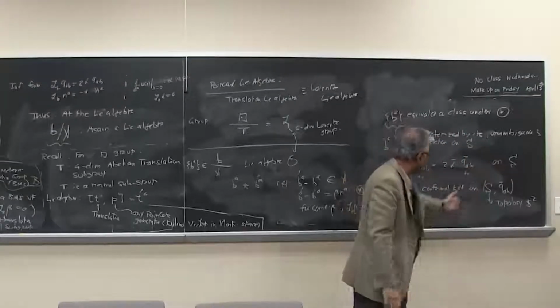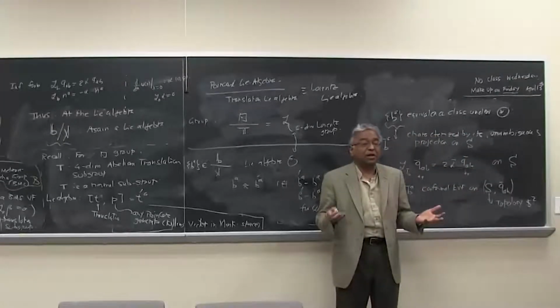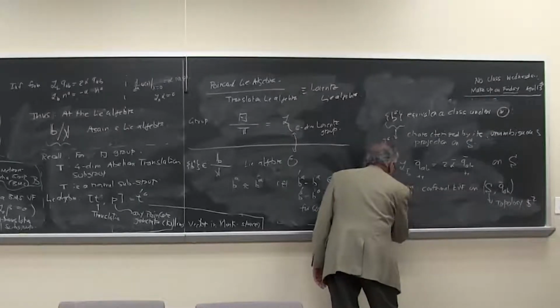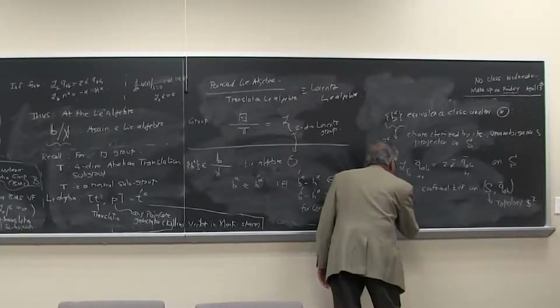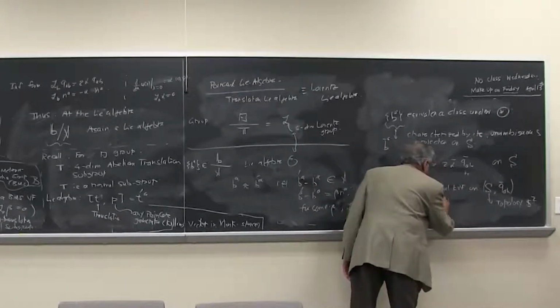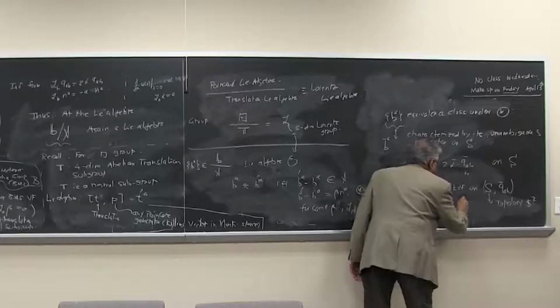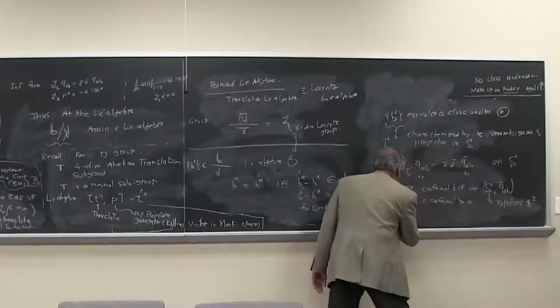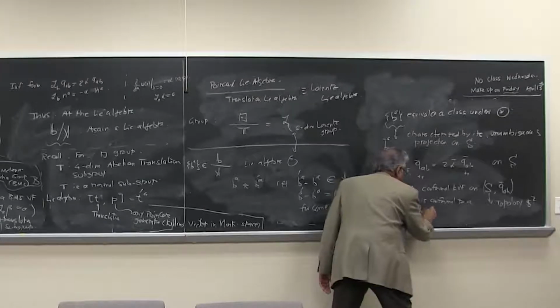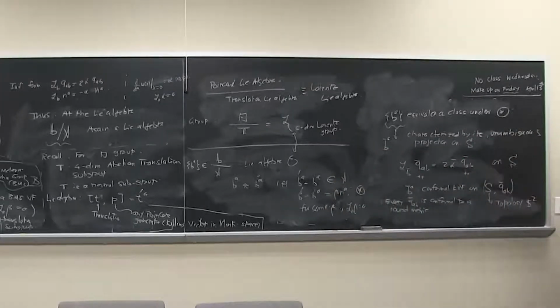Any metric on a two sphere is going to be conformal to a round metric, the metric on the standard round two sphere.